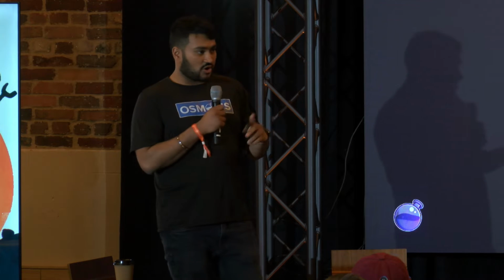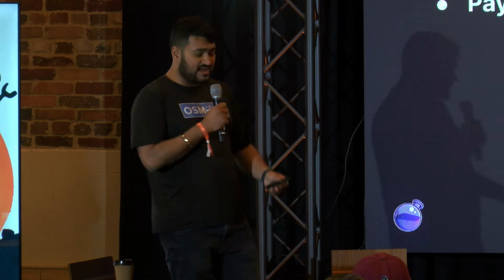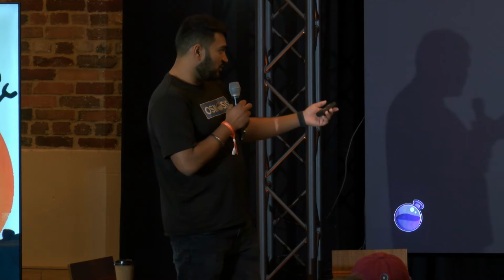Or in Stargaze, they could say they want to pay in Stars. But you can also go a step further, right? You can say, hey, we can pay transaction fees in any token. So this is actually something that we've built on Osmosis. So when you trade on Osmosis, you can pay your transaction fees in any token you want. You can pay in USDC, in Tether, in ETH, in Atom.